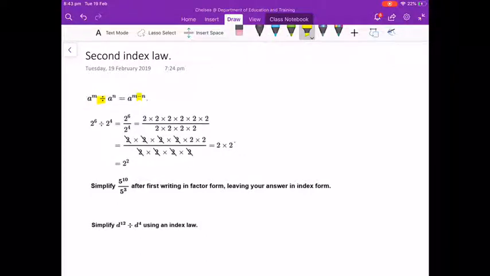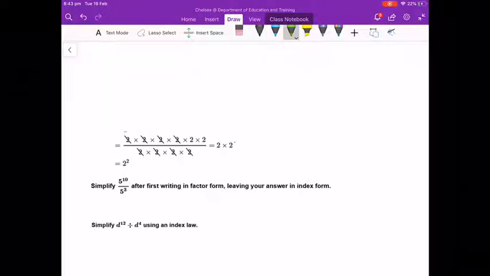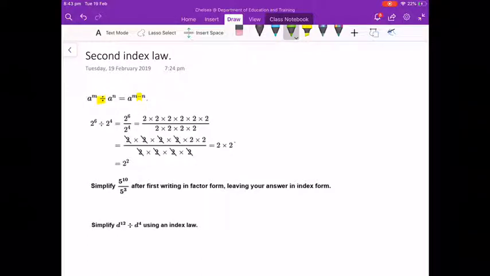So we have a question that says 2 to the power of 6 divided by 2 to the power of 4. Now we know that 2 to the power of 6 expanded looks like so, over 2 to the power of 4. What you do is you cancel out the same amount on the top and the bottom. So we cancel one out, we cancel out another pair, we cancel out another pair, we cancel out our last pair, and you are left with 2 times 2.